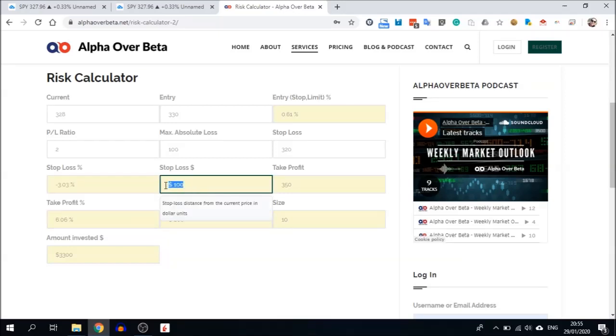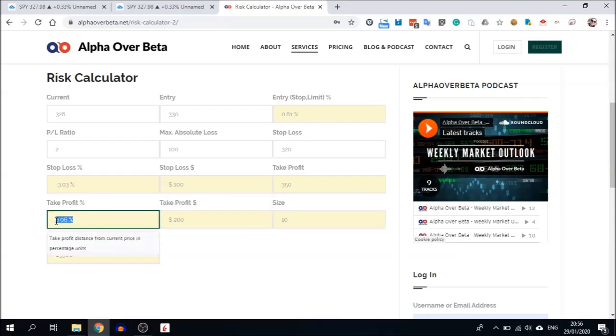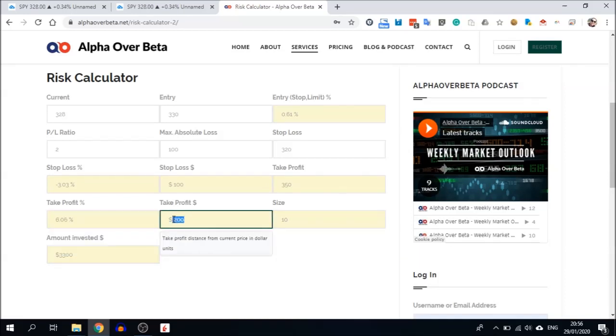We're going to exit the position at a loss of $100. Of course, that's the $100 that we were asking for in here. And the take profit would be when the price of the market would reach 350. The take profit would be 6% from where we enter the market, and the profit would be $200.